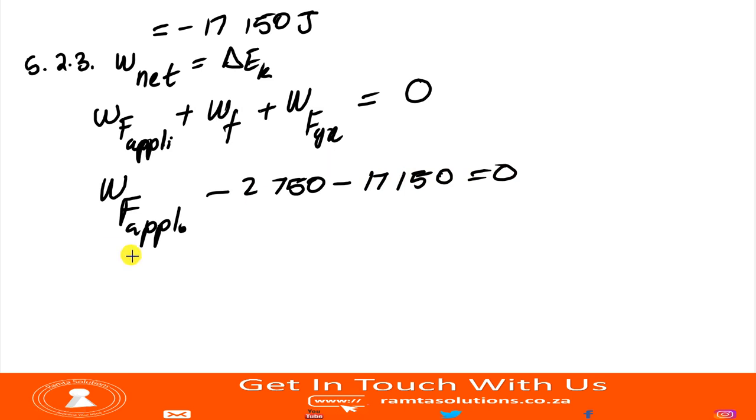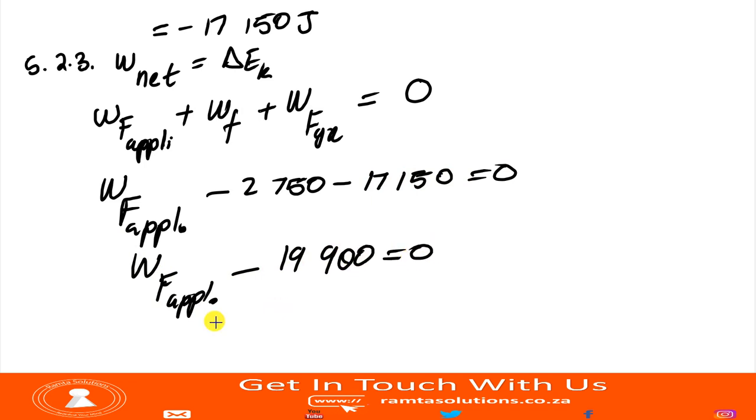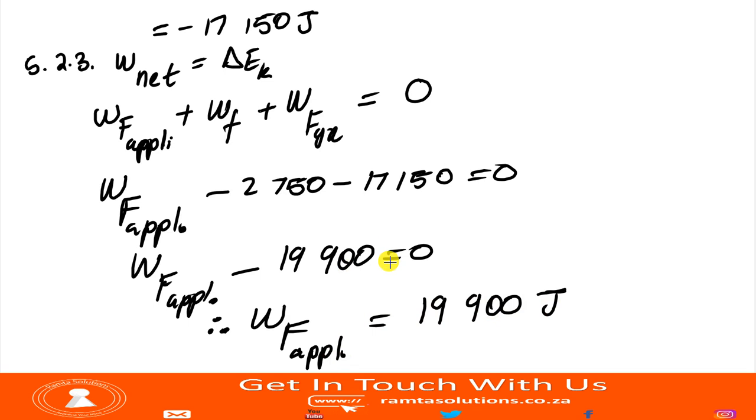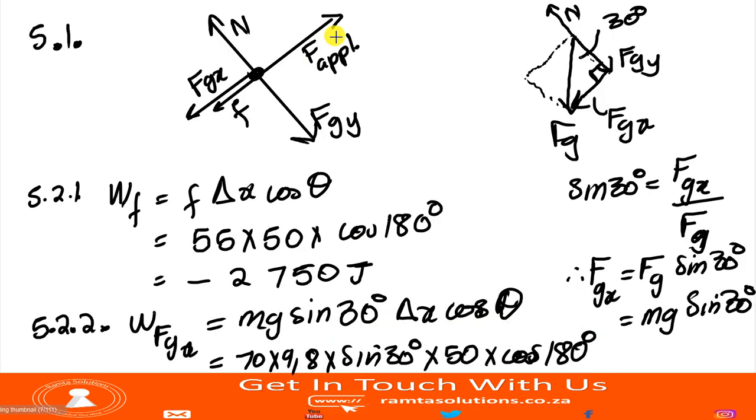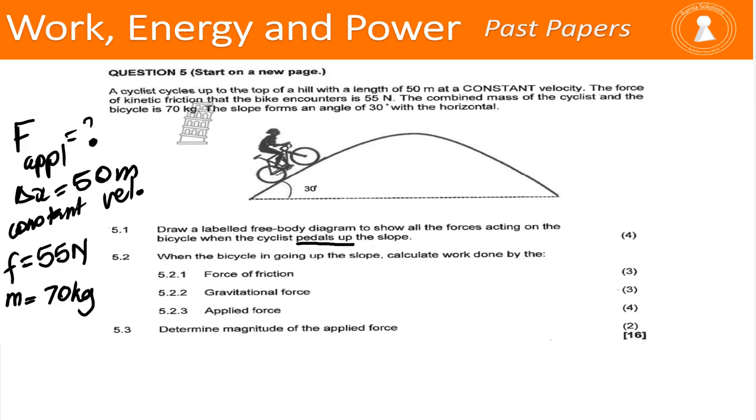So this gives me work done by the applied force minus 19,900 is equal to 0. Therefore, work done by the applied force is 19,900 joules. It is not surprising that this is positive. It is supposed to be positive. As you can see, it is in the same direction as the displacement.